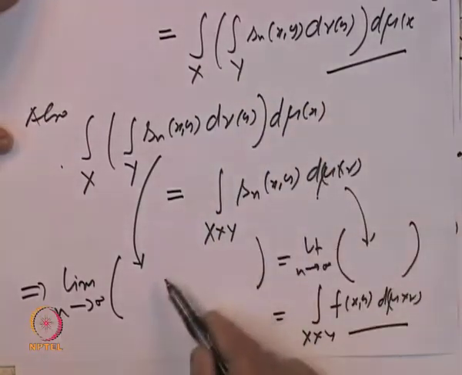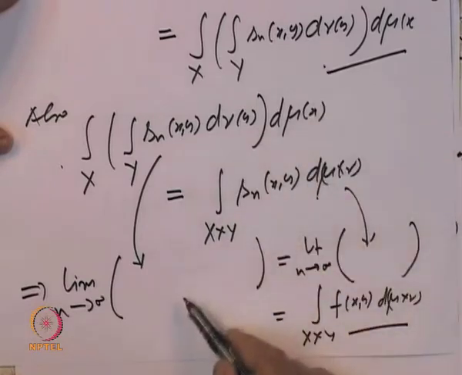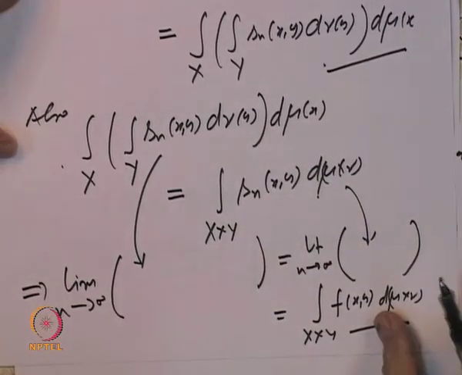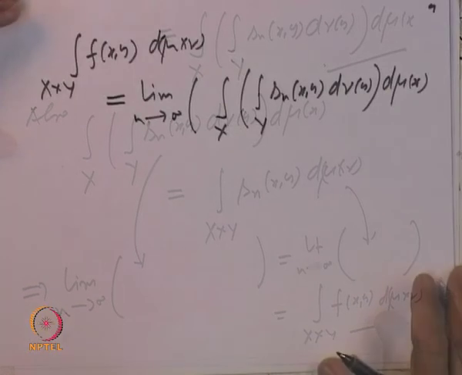On one hand this limit was this, on the other hand it was this, so the limit of these two quantities must be equal.